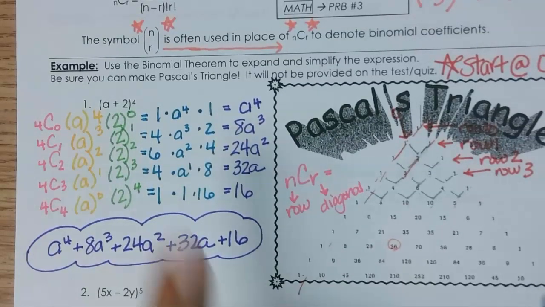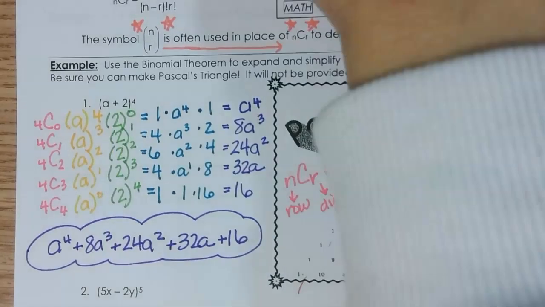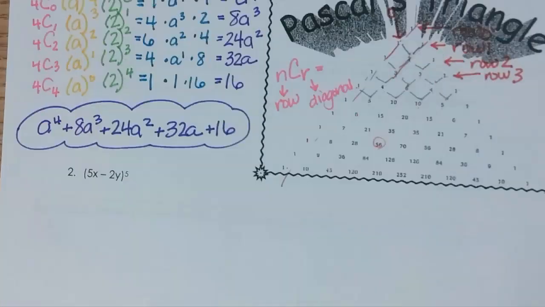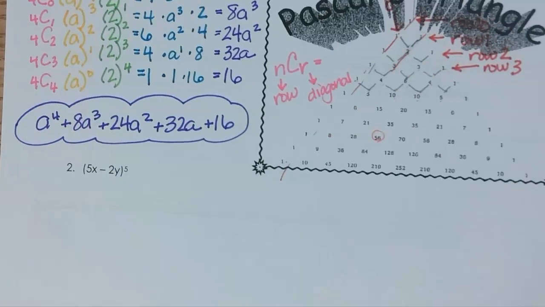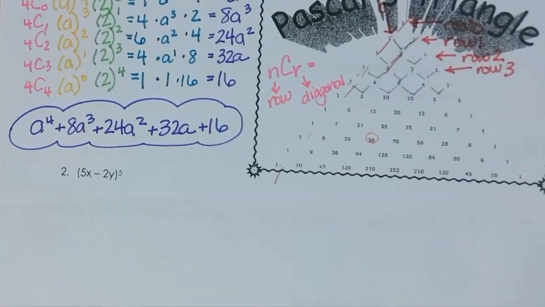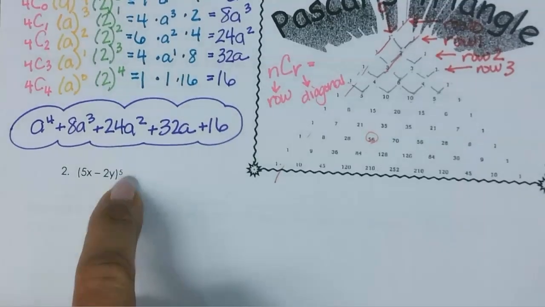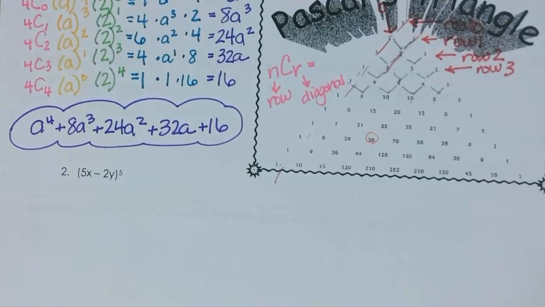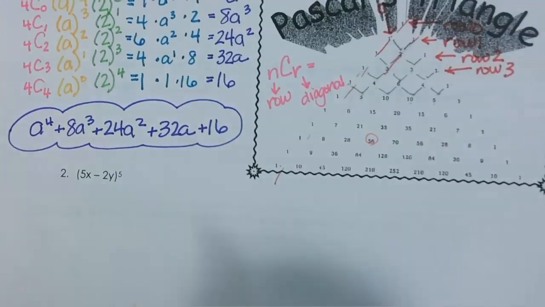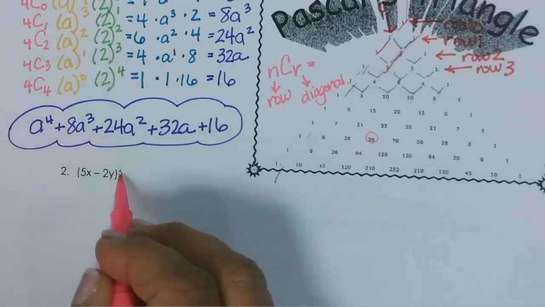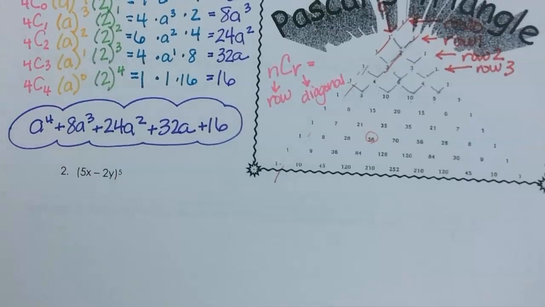And I know these numbers weren't bad, so let's take it up a notch and look at what we can do for number 2. In number 2, we have the quantity 5x minus 2y to the 5th. So still a binomial raised to the 5th. Well, because it's to the 5th power, that means that each of the starting coefficients is going to be 5c, and then we're going to start with 0 and go on.